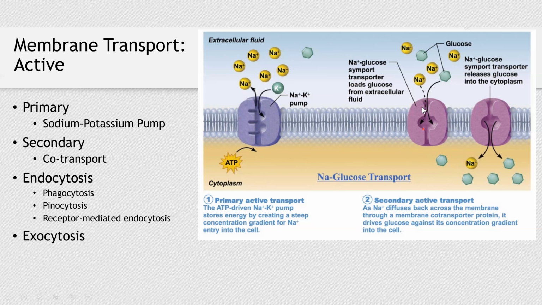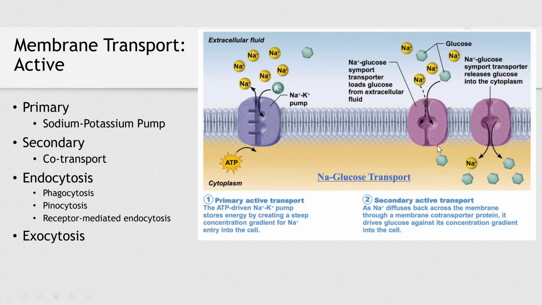Now, secondary transport, however, is right here. Secondary transport depends on the primary transport, and it does not use ATP directly. So if we have chemicals that block the sodium-potassium pump, this transport shuts down as well. Now, why does the secondary transport even work?